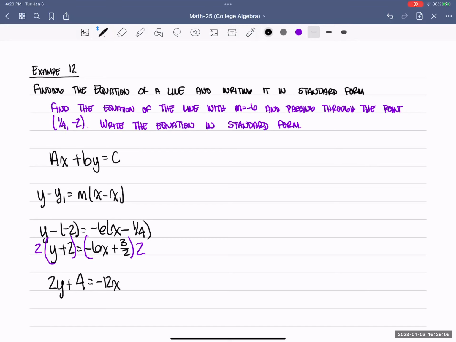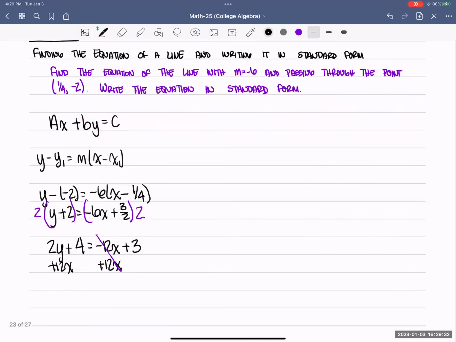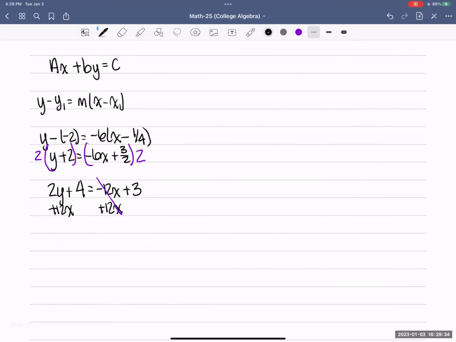And the 2's divide out here. If we multiply the 2 here, it would divide out with that 2, so plus 3. And lastly, we want to get all the variables over to the left side. So what we're going to do is add 12x to both sides. That divides out here, and we always want x then y form.